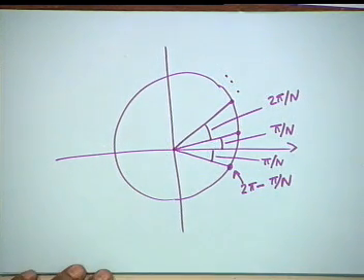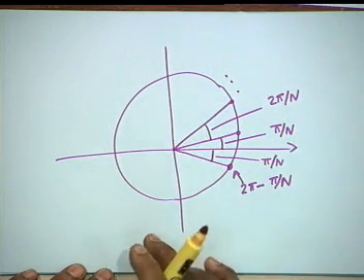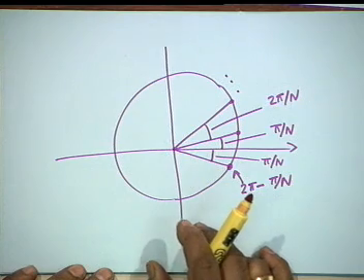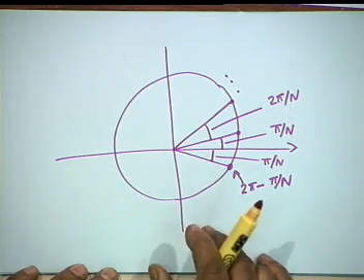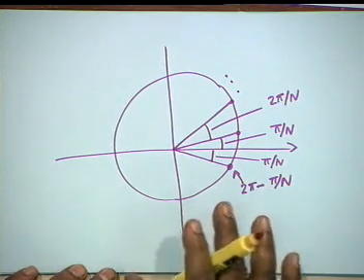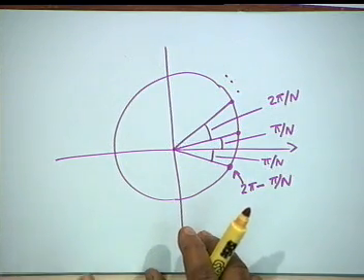Then we shall be left with one odd term, which for reason of linear phase constraint must now be 0. In the previous case, when capital N was even, the middle sample capital H of n by 2 was required to be 0. Here, when it is odd, it is required to be 0.